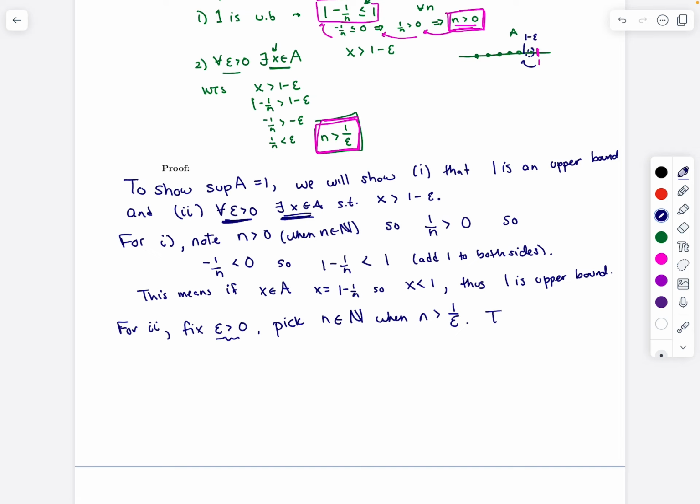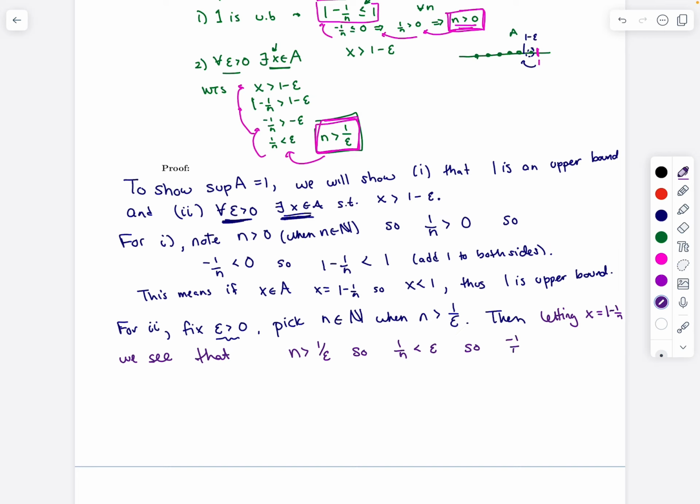So then I'm going to, again, go backwards through my steps to show what I wanted. We can make it explicitly clear what x is. So letting x equal 1 minus 1 over n, we see that n is greater than 1 over epsilon. So 1 over n is less than epsilon.